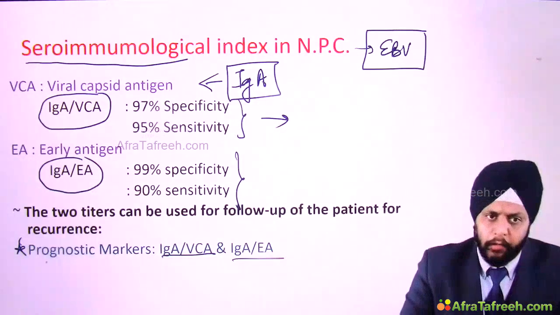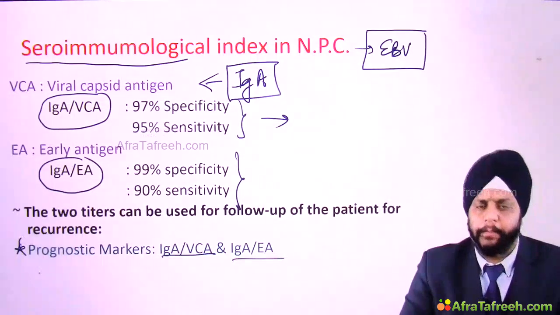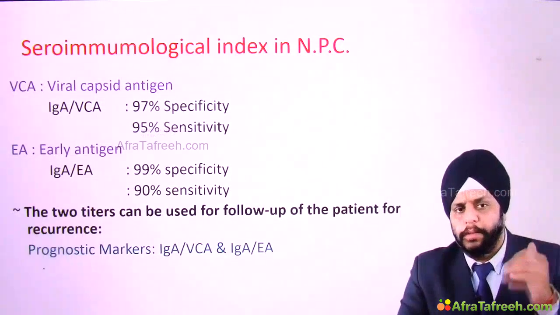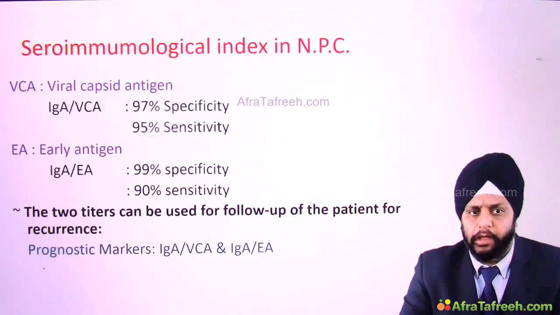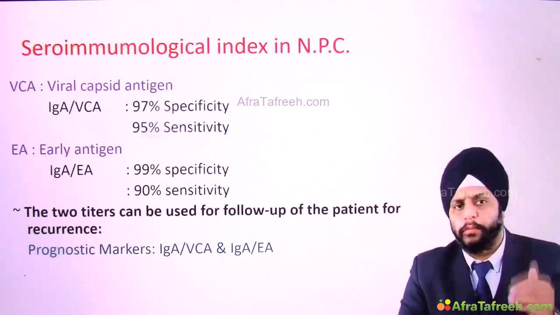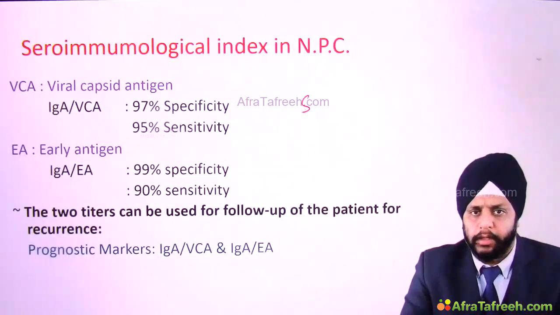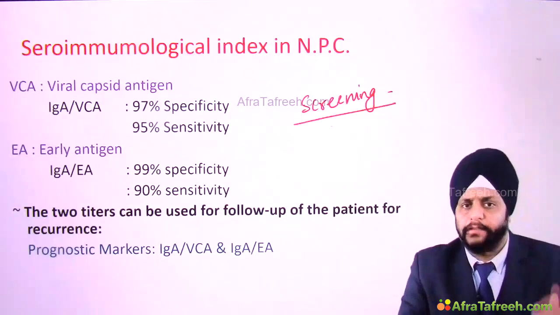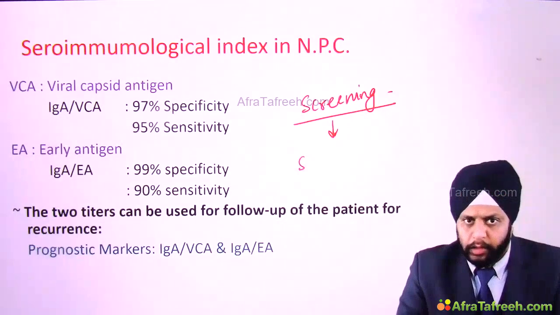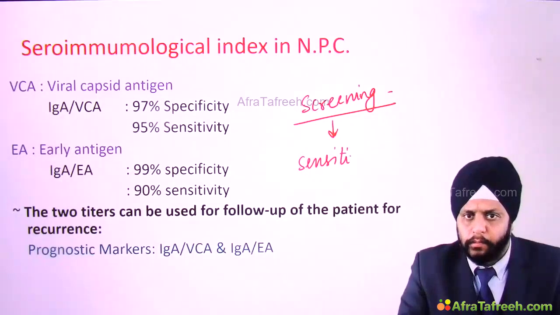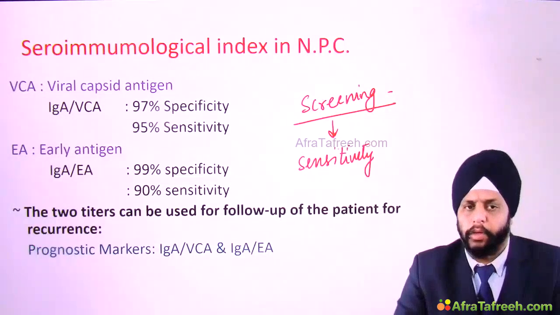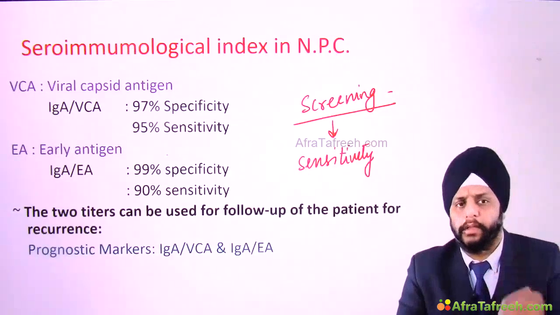Remember, for the purpose of screening, what is more important for us? Specificity or sensitivity? What is more important for us is sensitivity. Screening means we want to detect as many as possible. So sensitivity is more important to us. We should not miss any patient.